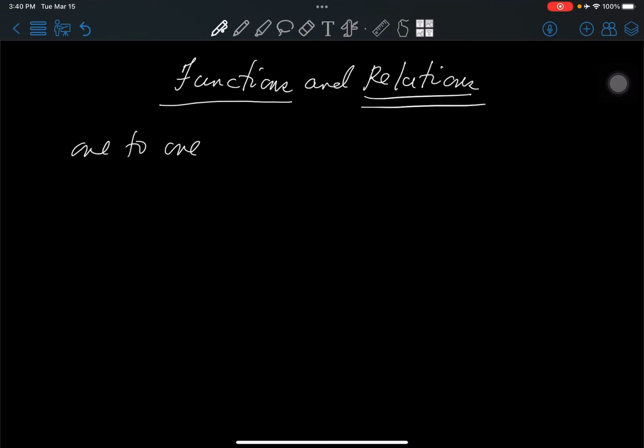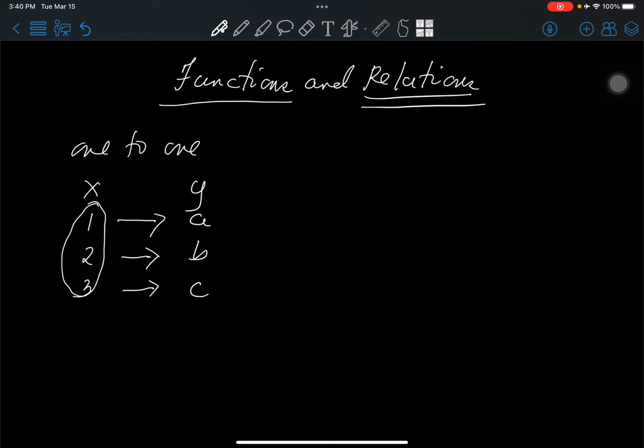So for example, let's say we have here your x and your y. For example, we have your x: 1, 2, 3. 1 is paired with A, your 2 is paired with B, then 3 is paired with C. This is an example of one-to-one correspondence or one-to-one relation because there is only one unique element or pair for any value of your x.